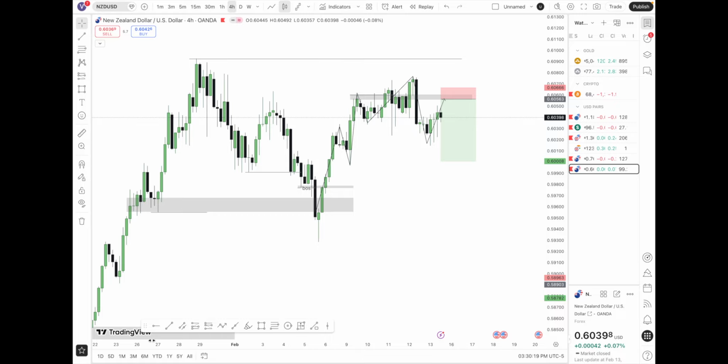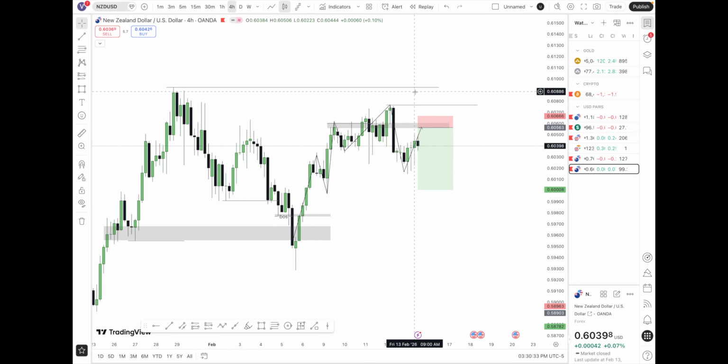Or if it takes the buying side liquidity and takes this structural shift, it would continue making higher highs, and it would continue towards the upside.